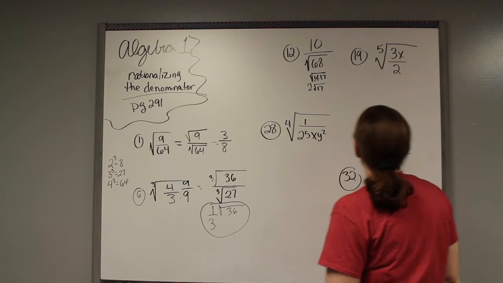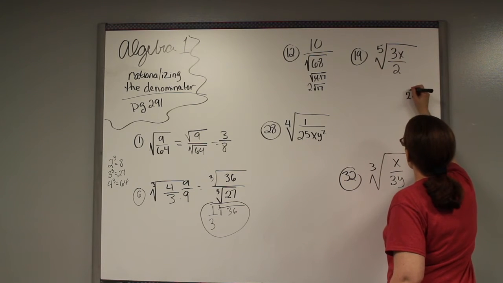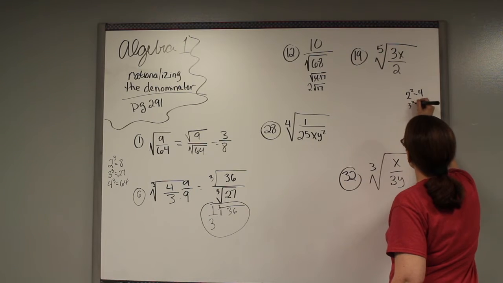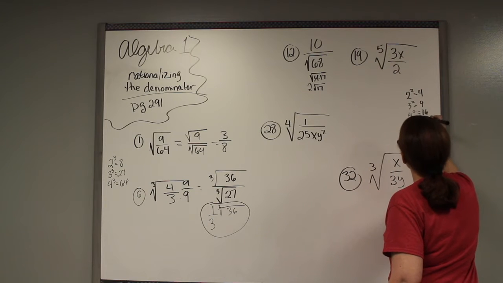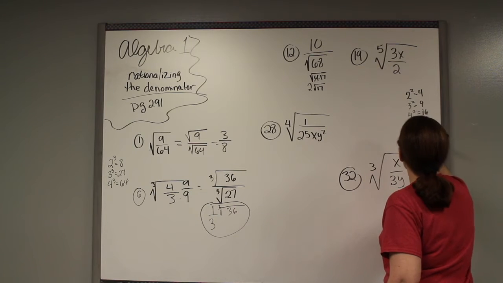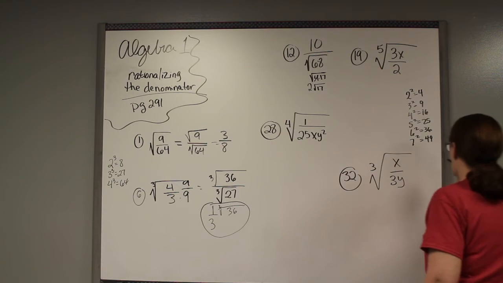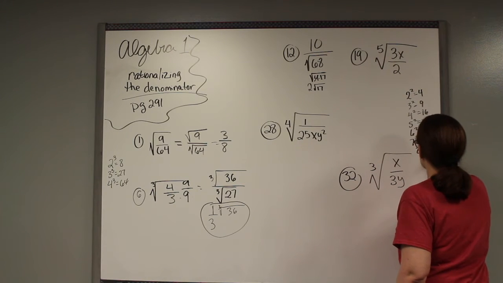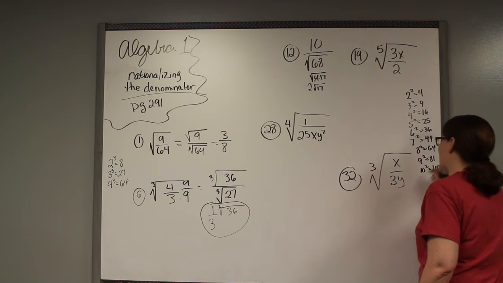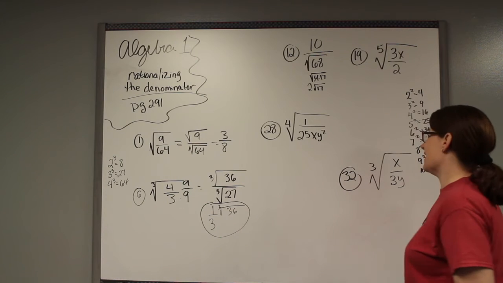Well, if I list some of my perfect squares, 2 squared is 4, 3 squared is 9, 4 squared is 16, 5 squared is 25, 6 squared is 36, 7 squared is 49, 8 squared is 64, 9 squared is 81, 10 squared is 100. Okay, we're going to see if 17 goes into any of those evenly.